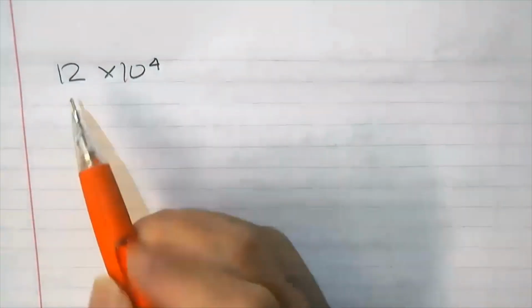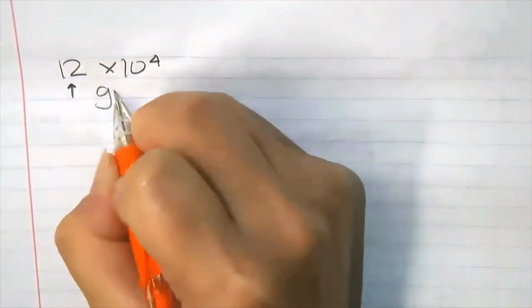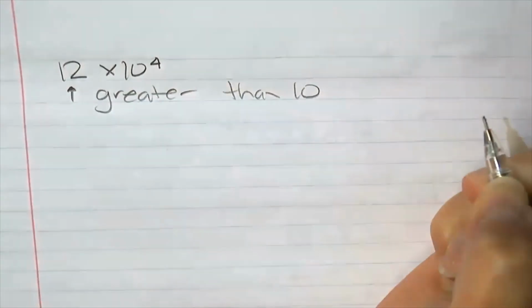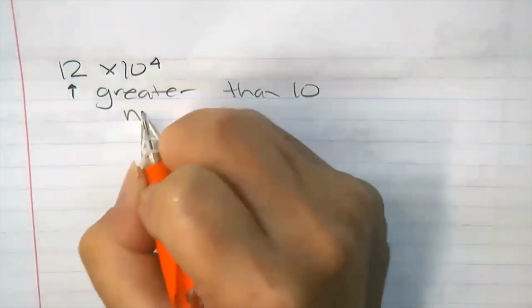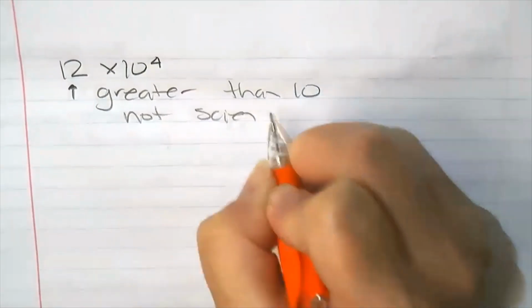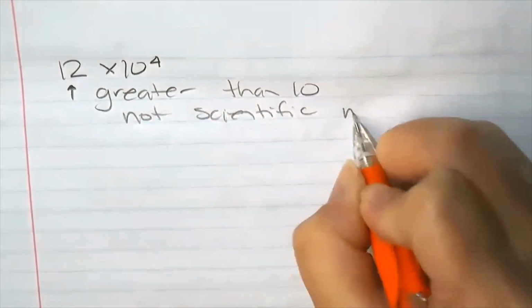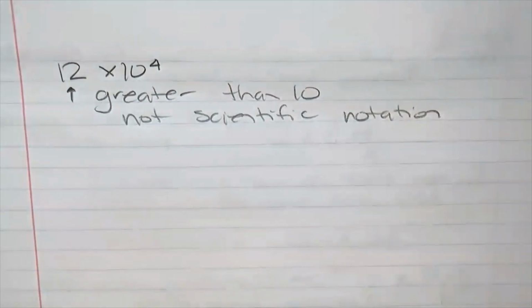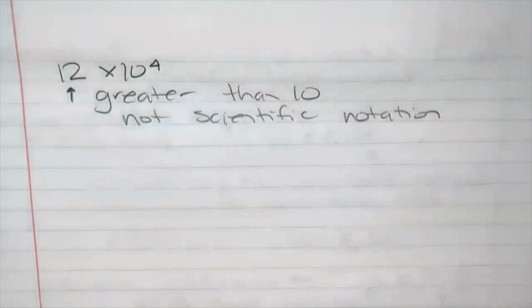No, it is not. 12 is greater than 10. So this is not scientific notation. So you're done. If it's not written in scientific notation, you do not have to write it in standard form. You're done.